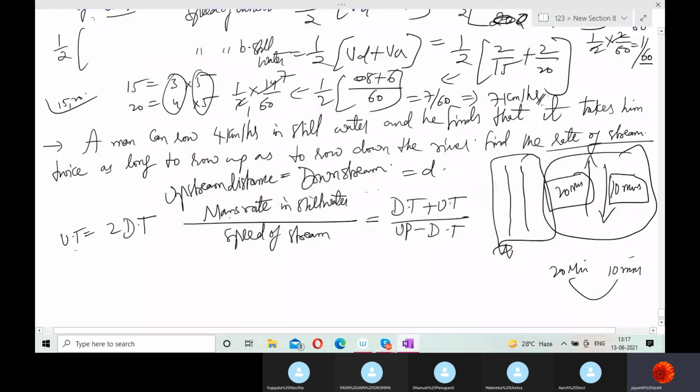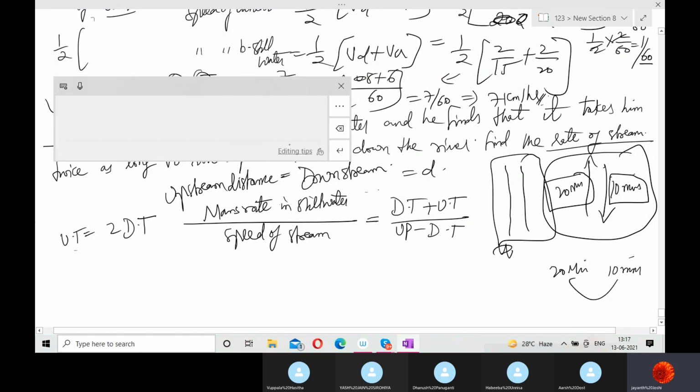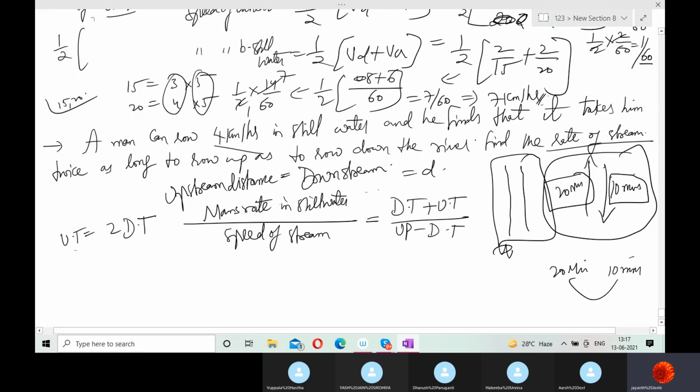So now we will put all the things here. A man can row this much km/h in still water. So did they give you the man's rate in still water? Yes, 4 km/h. Did they give you the speed of the stream? No, you are supposed to find it. Downtime is downtime, but uptime is 2 times downtime, divided by 2 times downtime minus downtime.